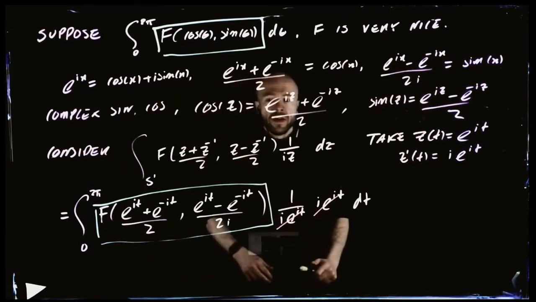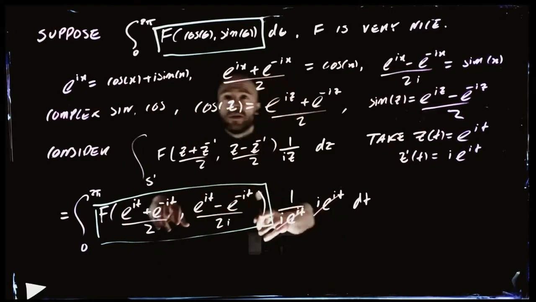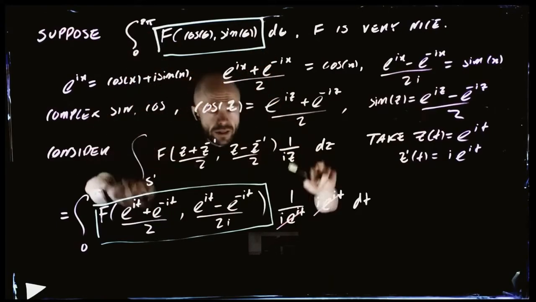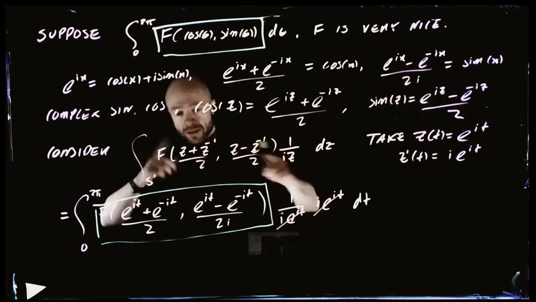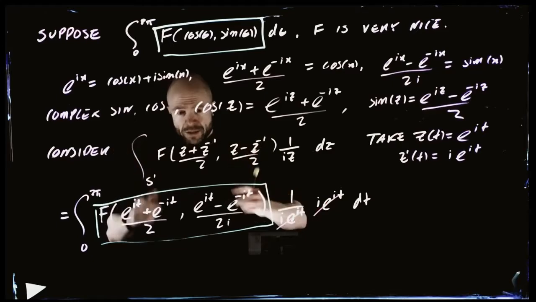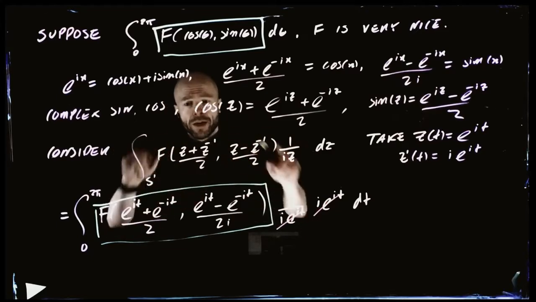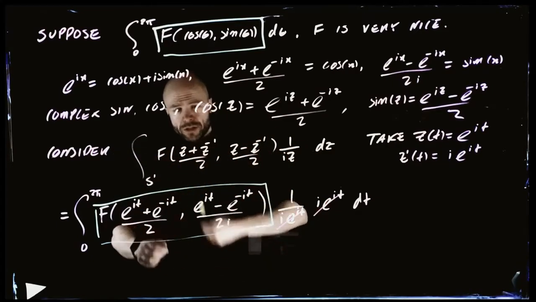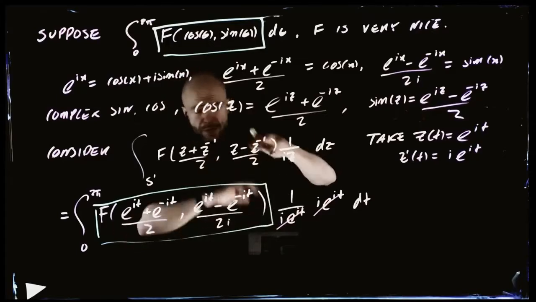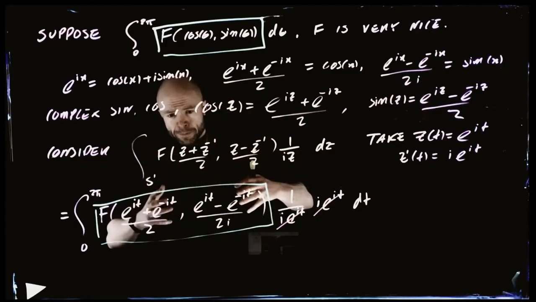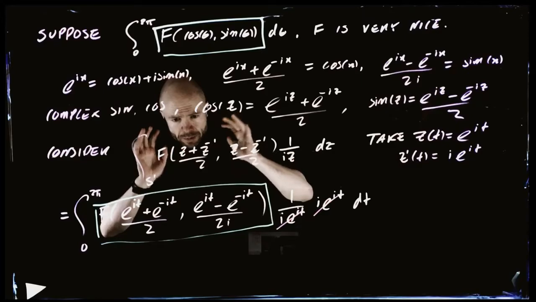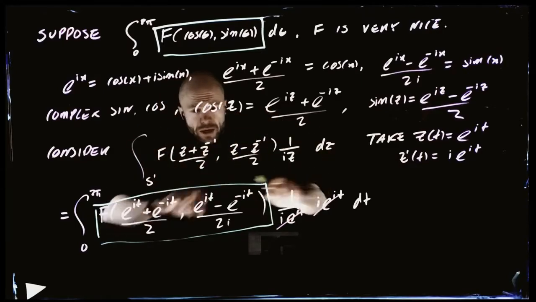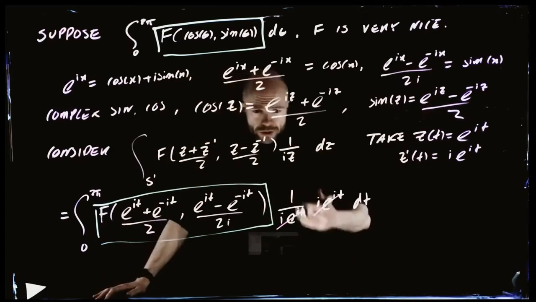All right, so with this trick, what have we learned? We've learned that this guy that we're interested to calculate now becomes this guy here. And if f is nice in the sense that this expression over here turns into something which is holomorphic except for some singularities inside the unit ball, where the singularities are just poles, then this is a nice thing that we can apply the residue theorem to.